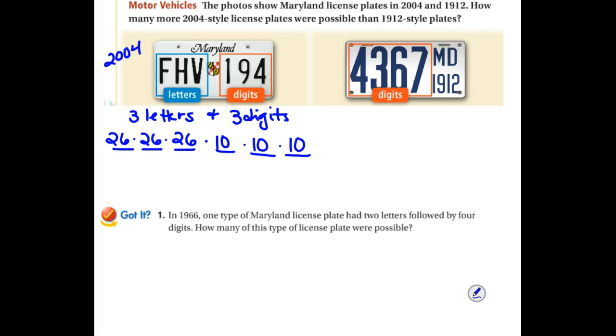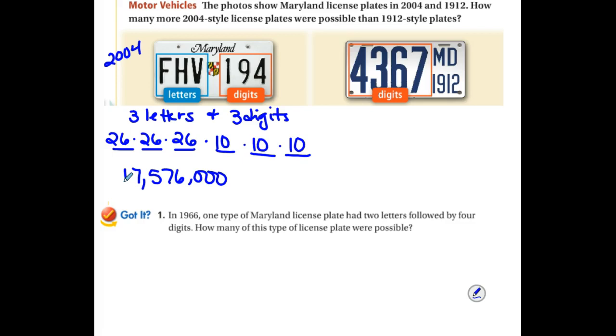All right, what did we get for a total? Yes? So 17,576,000 different license plates that could be made in the year 2004 for Maryland.